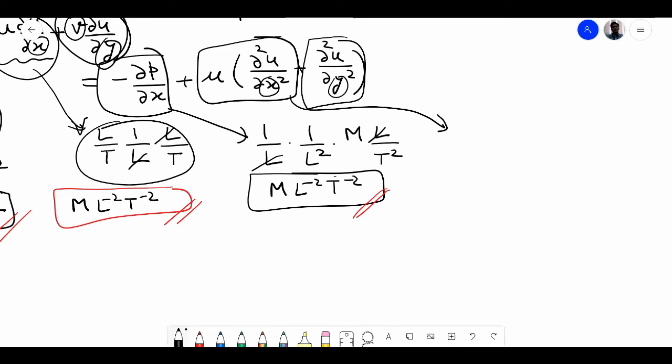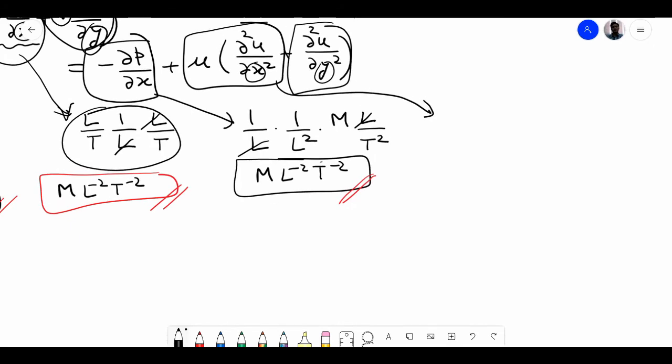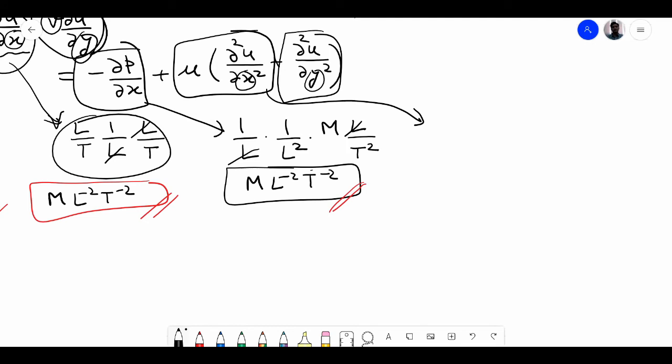What are the dimensions of mu? We have written that in one of the classes, Pascal second. If you don't remember the dimension for mu, you can write this equation. Stress is equal to mu times du by dy, and then from here stress, you know, force per unit area, du by dy dimensions, you know, you can calculate the dimension for mu. All right, so we know that mu has a unit of Pascal second, which has dimensions.